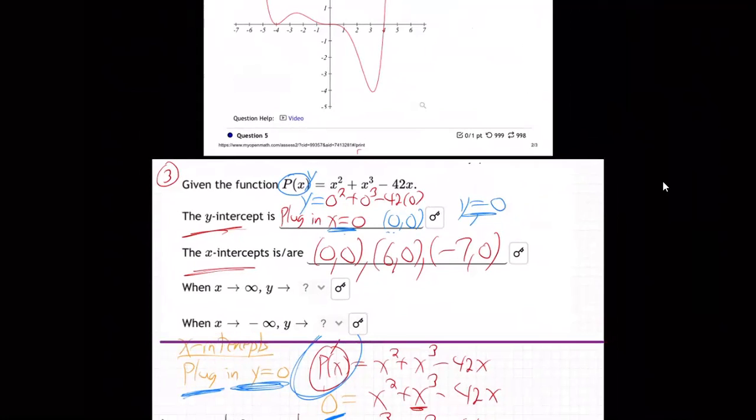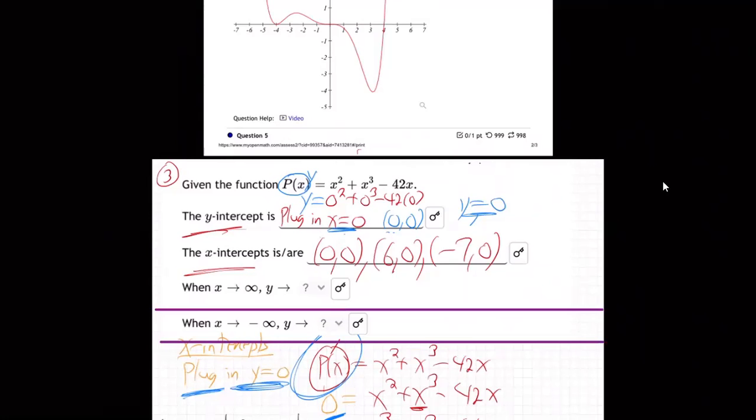Okay, so the most powerful term, I'll try to draw another line between them here. The most powerful term in this thing is the x to the third.